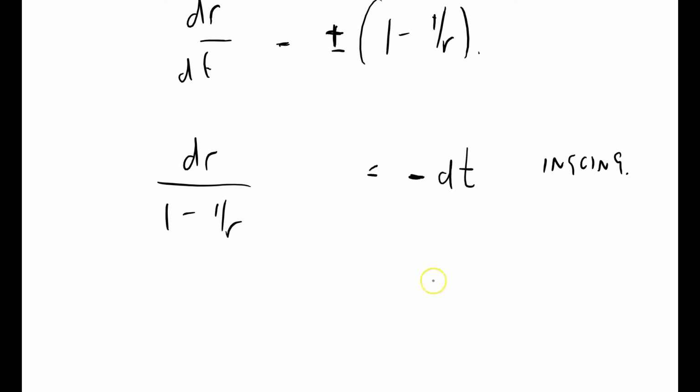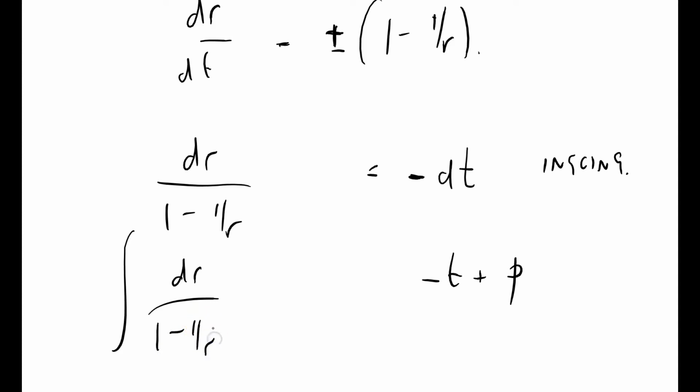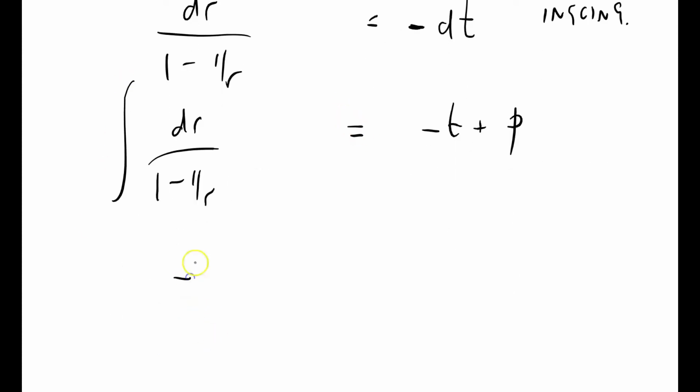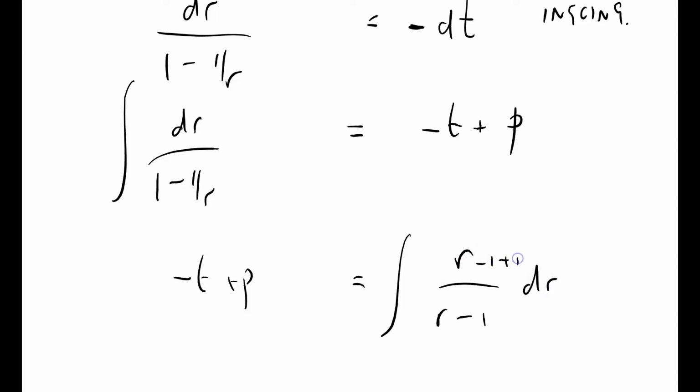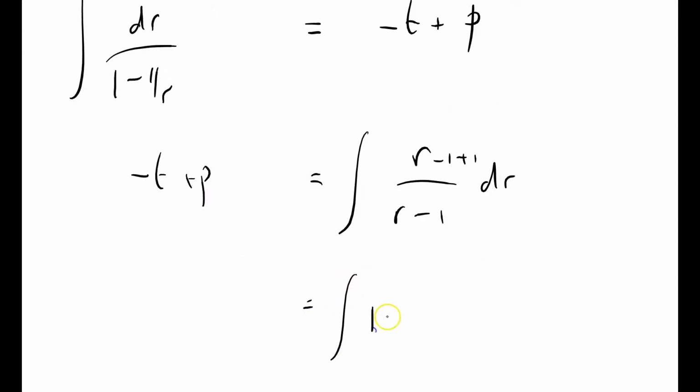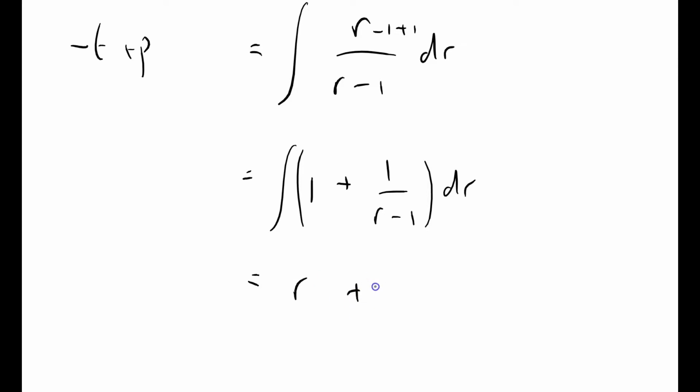So what does that mean? That means that minus t plus a constant, which I'm going to call p, equals the integral of dr over (1 minus 1 over r), which is the integral of r over (r minus 1) dr. Subtract 1 and add 1 on the top, that equals the integral of 1 plus 1 over (r minus 1) dr, equals r plus log of the modulus of r minus 1.